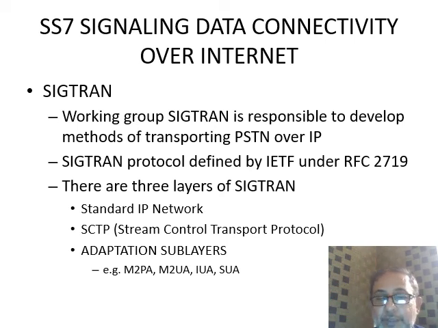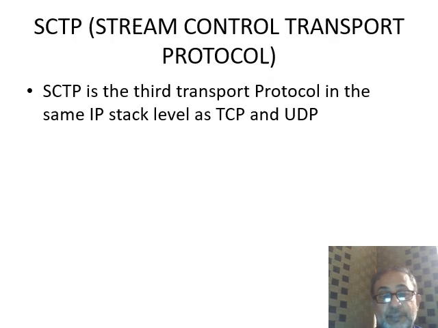It is a protocol defined by IETF, Internet Engineering Task Force. And there are three layers of SIGTRAN: standard IP network, then SCTP, which is basically a fourth layer protocol in addition to TCP and UDP. Then we have got adaptation sublayers, which are M2PA, M2UA, and IUA, and SUA. SCTP is the third transport protocol in the same IP stack level as TCP and UDP.